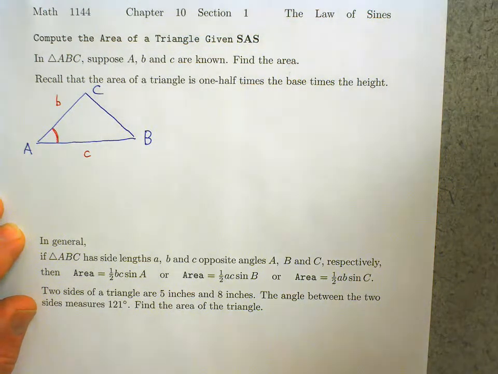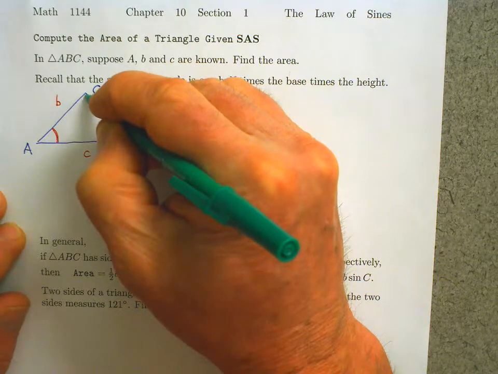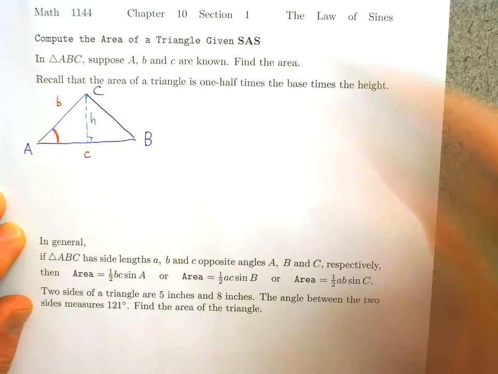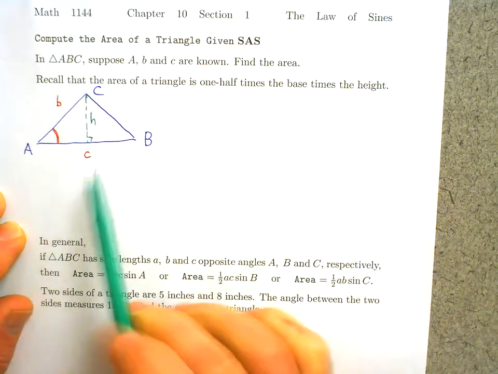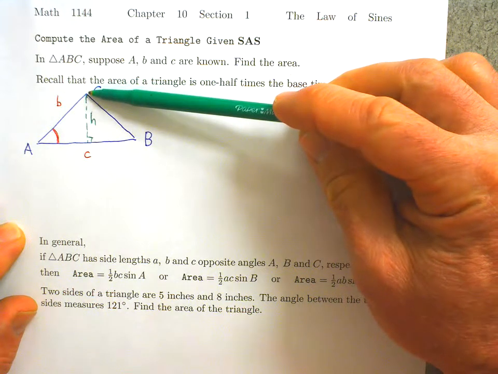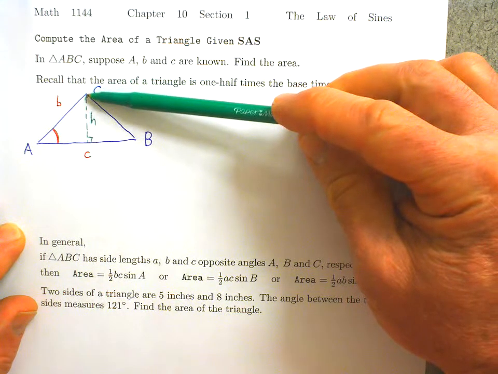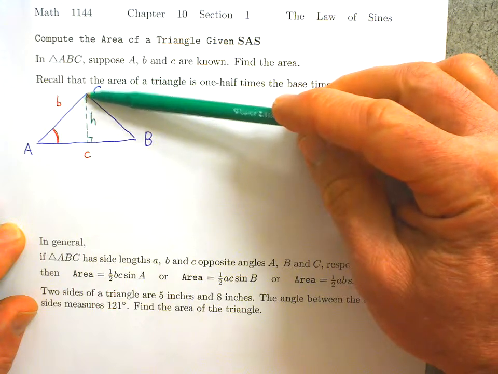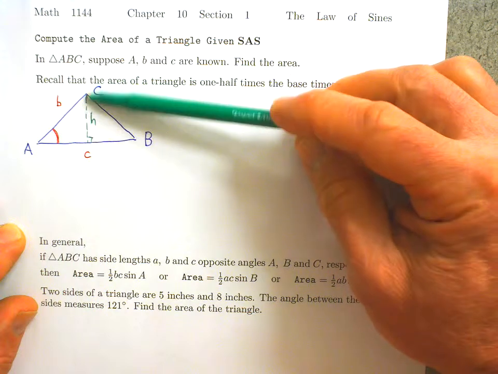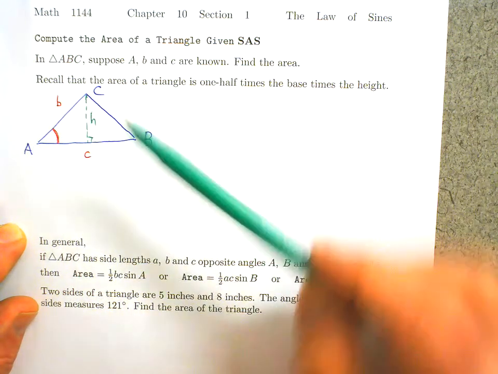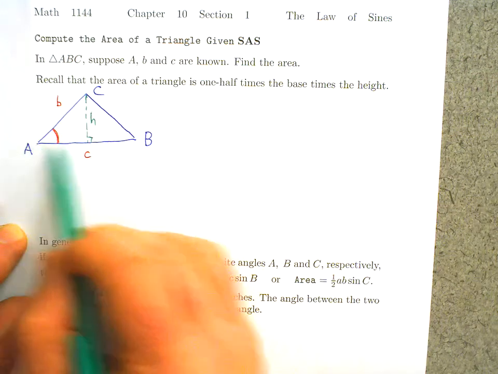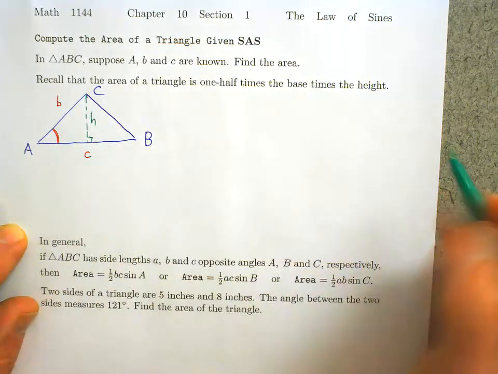So remember how to find the area of a triangle. So if I construct an altitude, which is also a height, the height of this triangle can be drawn this way. I connect this vertex at angle C with a line segment that's perpendicular to the opposite side, and the length of this is called the height. And the base that I'm using is lowercase c.